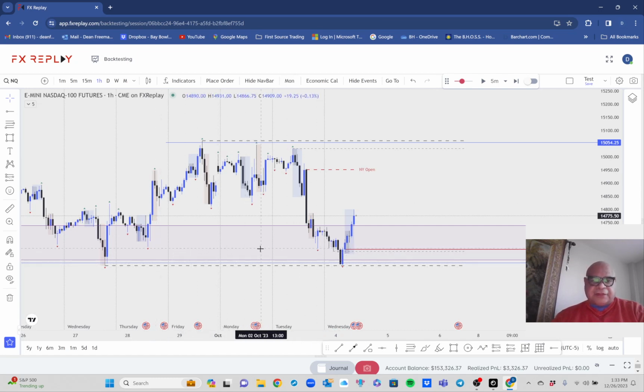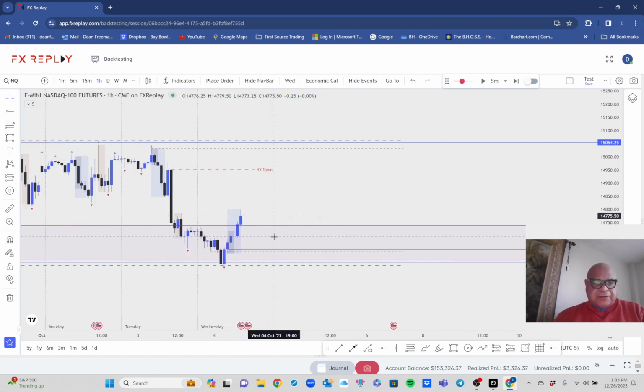So price is definitely going to make a move here. It's just going to be a question of what direction it wants to take. I feel like looking at this the way I'm seeing it, the boundaries are clear. I'm going to wait for a structural breach either on the downside or on the upside, and so we'll see how it plays out from here.